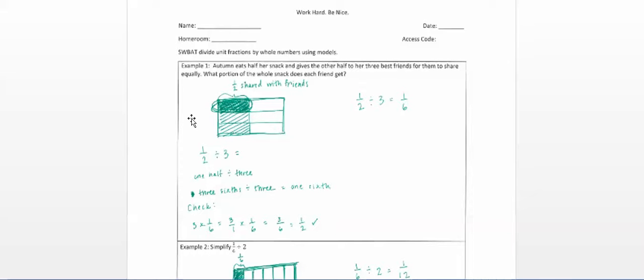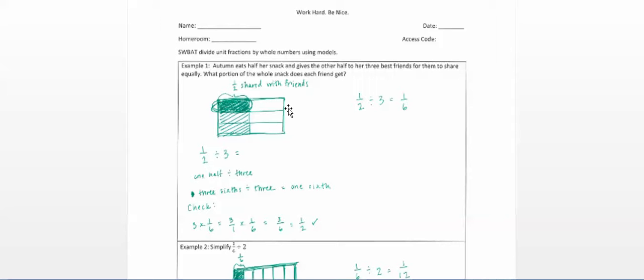What that gives me is 6 sections in all. What each friend gets is one of those 6. So here the thinking is this is 1/2 divided into 3 groups. I wrote it in words, 1/2 divided by 3.